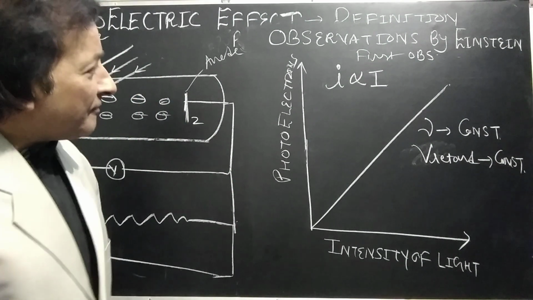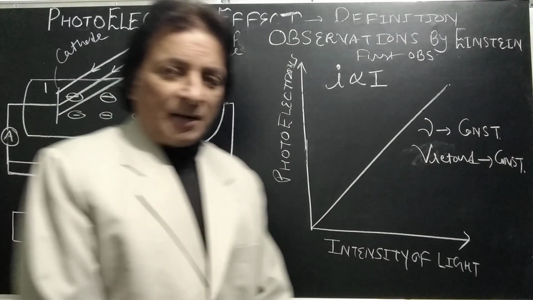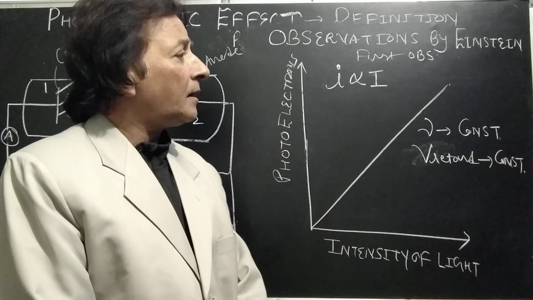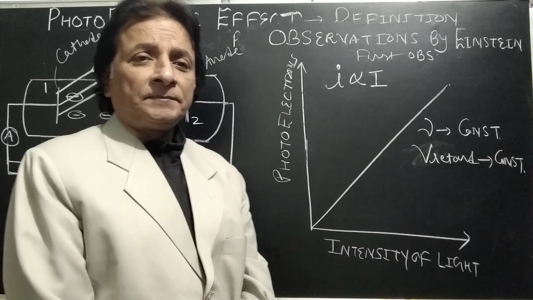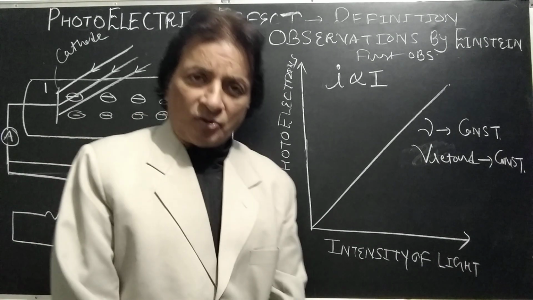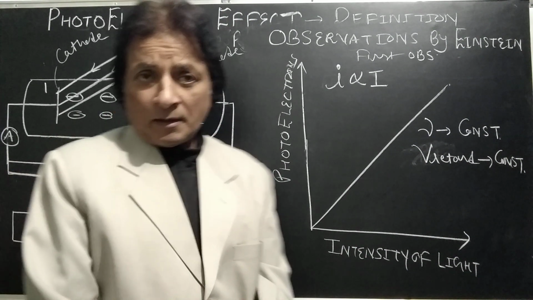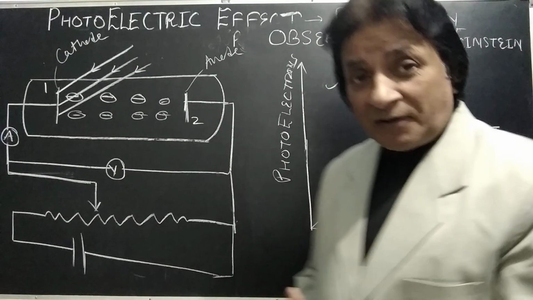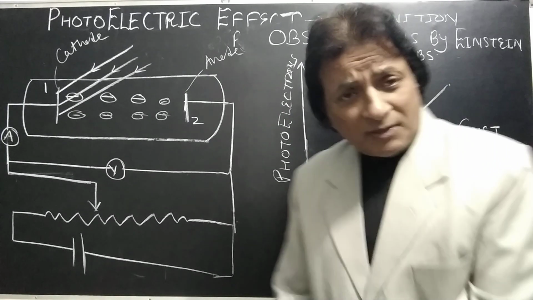The first graph, how it has been obtained by Sir Albert Einstein. He has kept the intensity of the incident radiation variable. You will put one question, sir, what is intensity?